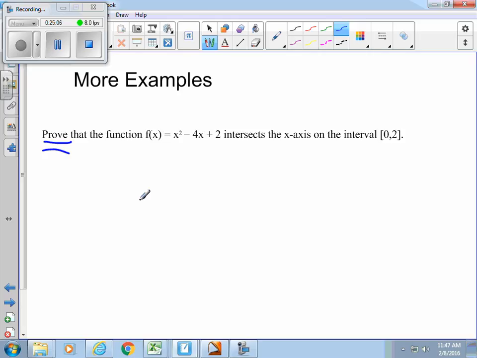Otherwise the intermediate value theorem means nothing, right? We don't need a graph. Is it continuous? Yes. How do you know? It's a parabola. Is that enough for us to know it's continuous? Yes. We don't even have to prove that. AP is okay with you knowing that a parabola is continuous.